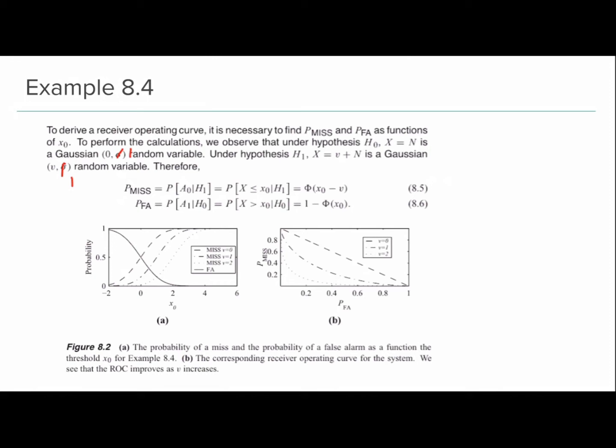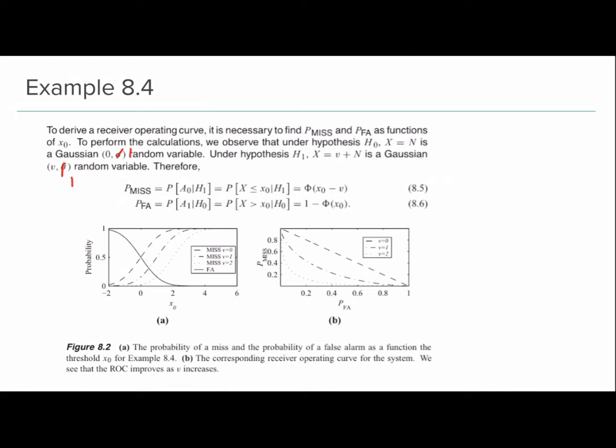So here we can again use the Gaussian normal CDF. This will be equal to 1 minus Psi of (x0 minus 0) divided by 1, so that will be equal to 1 minus Psi of x0, right?